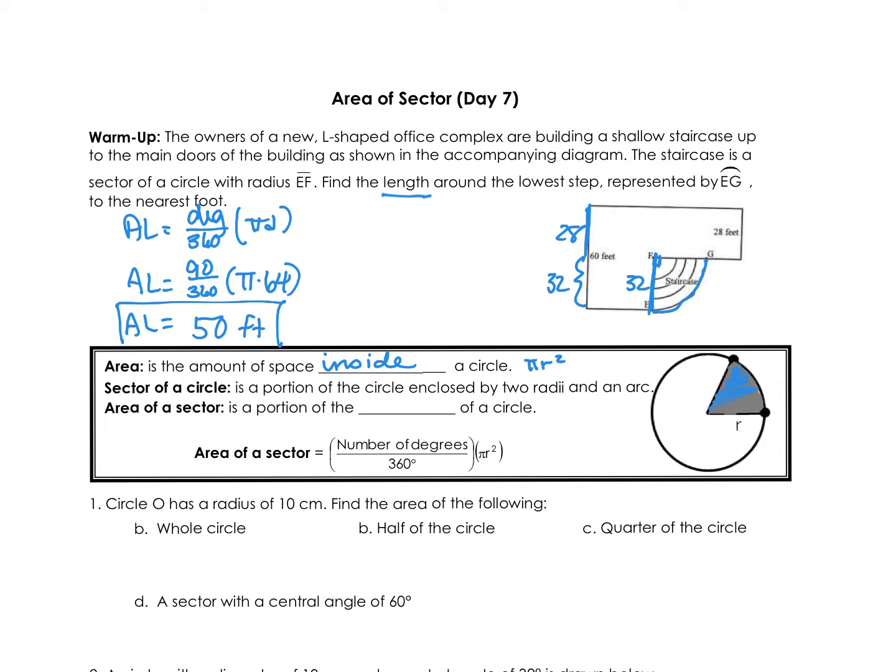So for example, only a little bit of the area. It is a portion of the area of a circle. So we're going to take that area formula and put a fraction in front of it. Degrees out of 360, so a part of the whole circle, times area.